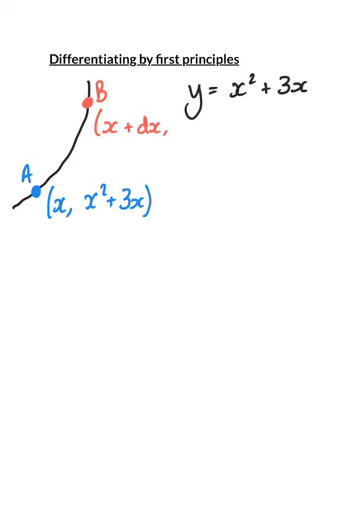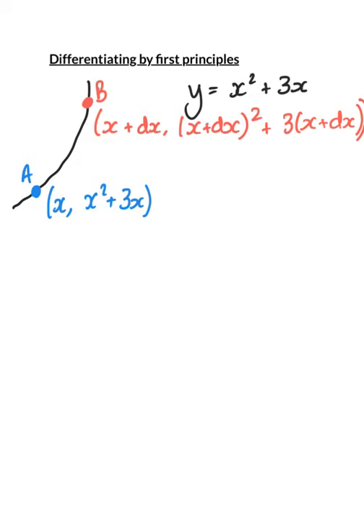And my y coordinate, instead of x, I'm going to substitute my new x plus this teeny tiny change in it. So I've got x plus dx, and according to my equation, I'm going to square that, plus 3 lots of x plus dx. And they're my two coordinates: my coordinate of A and my coordinate of B.